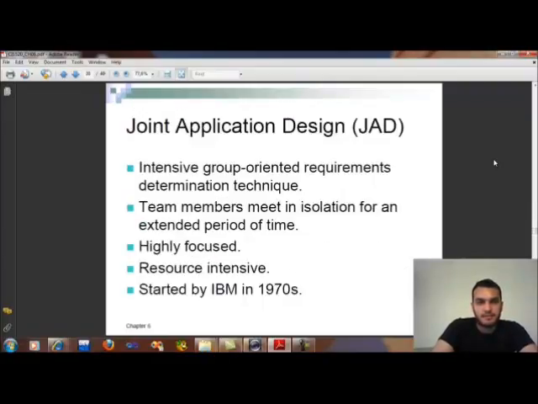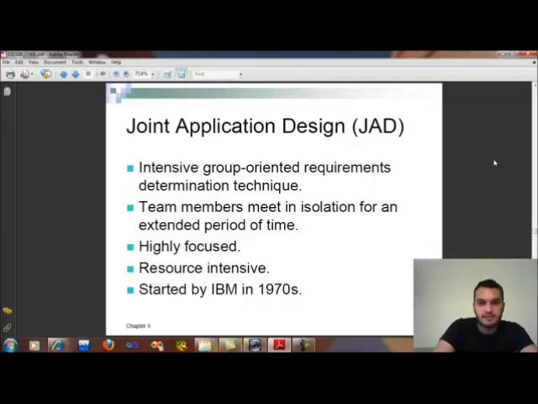And we can look at joint application design. Firstly, it is an intensive, group-oriented requirements determination technique, where team members meet in a dedicated room for an extended period of time.